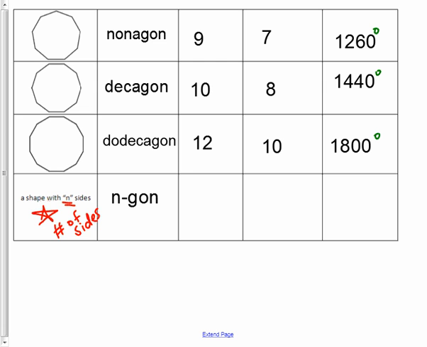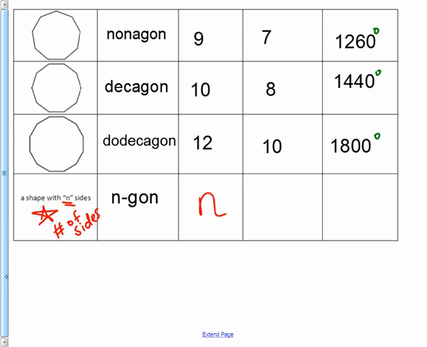So for an n-gon, we're looking for the rule here. The number of sides that an n-gon has, we don't know, so we're going to label it. For the number of triangles, how would I figure out the number of triangles in an n-gon if I don't know how many sides it has?